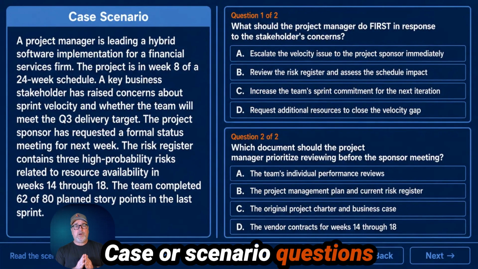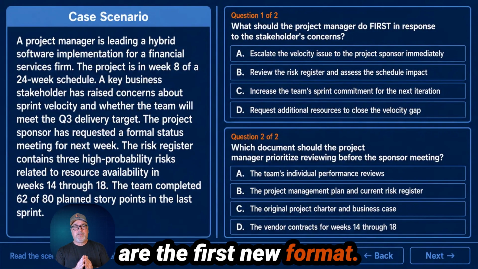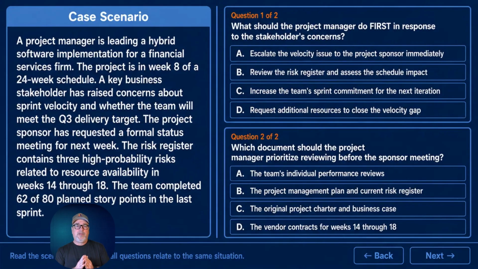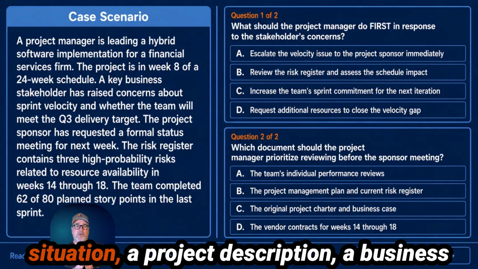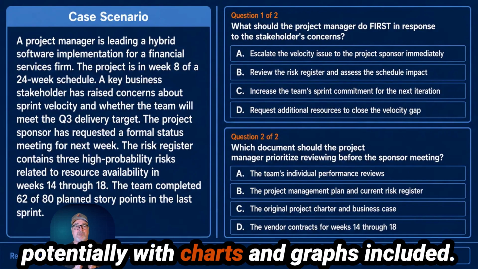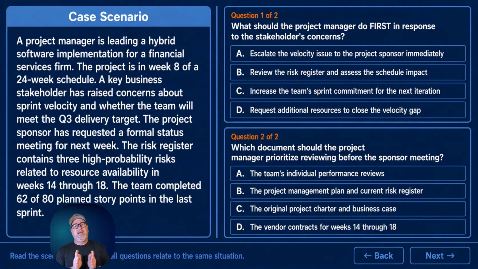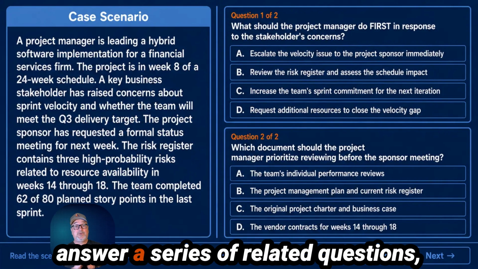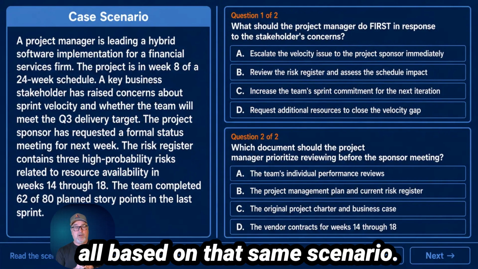Case or scenario questions are the first new format. Here's how they work. You'll be presented with a detailed situation, a project description, a business context, a decision-making scenario, potentially with charts and graphs included. After reading everything, you answer a series of related questions, all based on that same scenario.